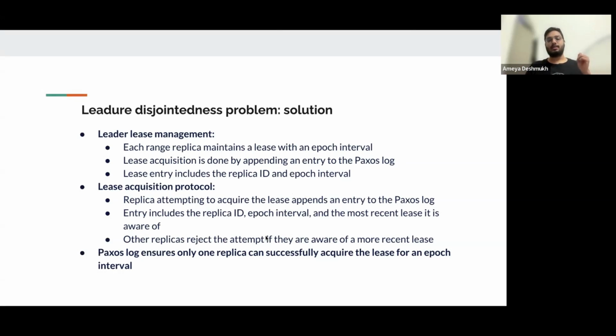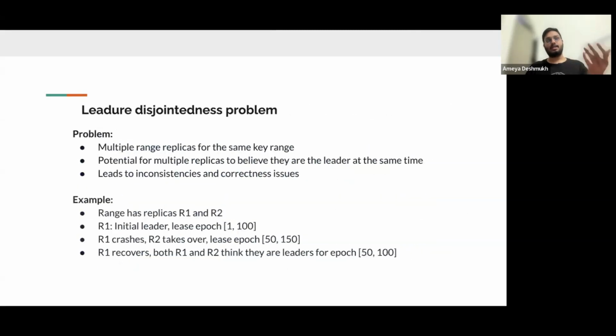Now, what happens here is that the replicas check what the most recent lease is, and they reject the attempt if they are aware of a more recent lease. So, for example, in the example that we discussed earlier, if there are more replicas, as there should be, R3, R4, R5, all of them will agree that the upper bound of the lease epoch of R2 is 150, and hence it is the latest lease epoch.